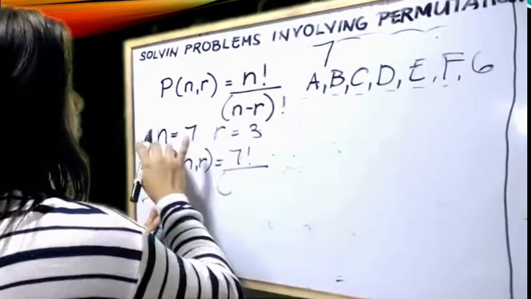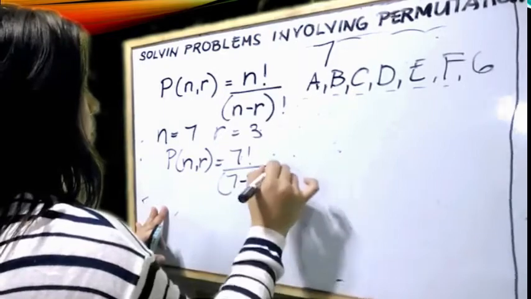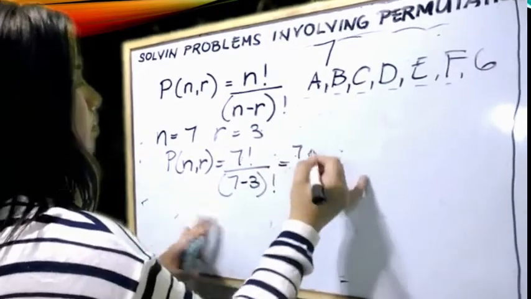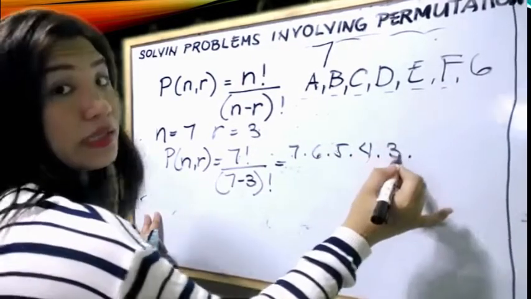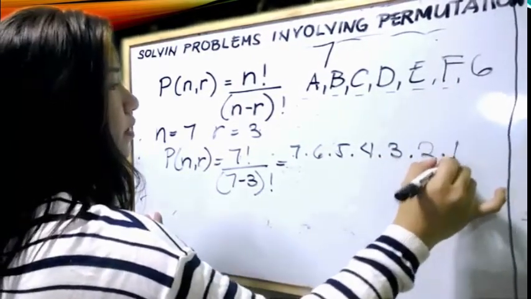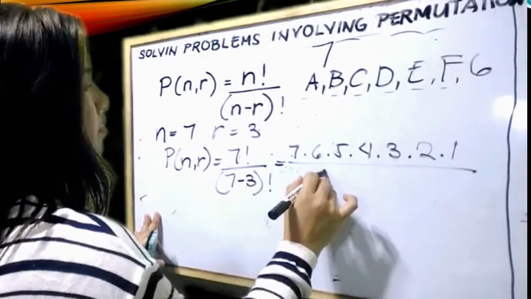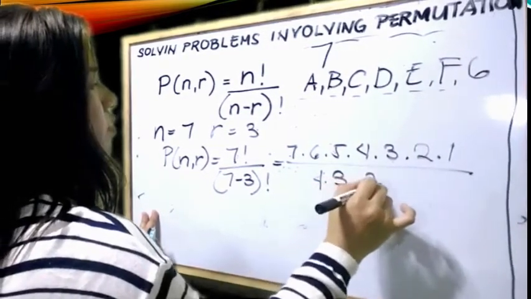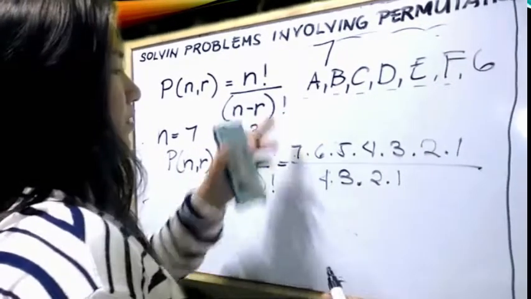over 7 minus 3. That will be 7 times 6 times 5 times 4 times 3 times 2 times 1 over 7 minus 3, which is 4 factorial, that's 4 times 3 times 2 times 1. So as you can see, same method that we did on the first example.